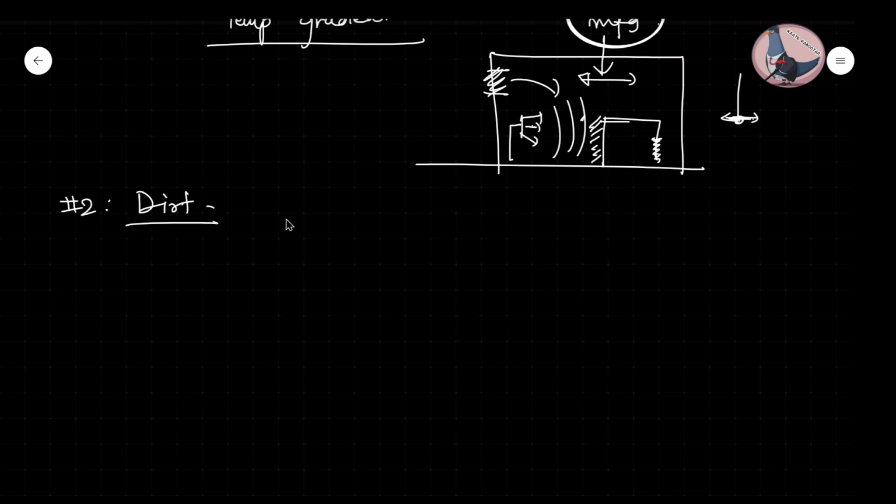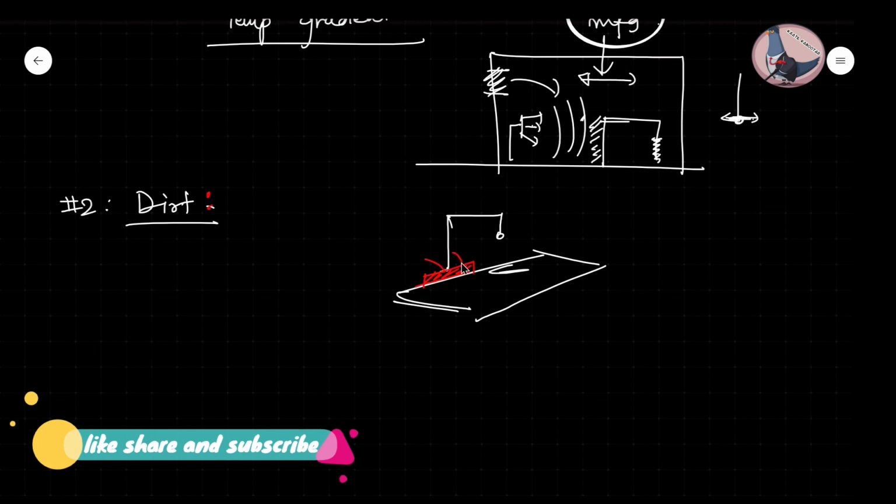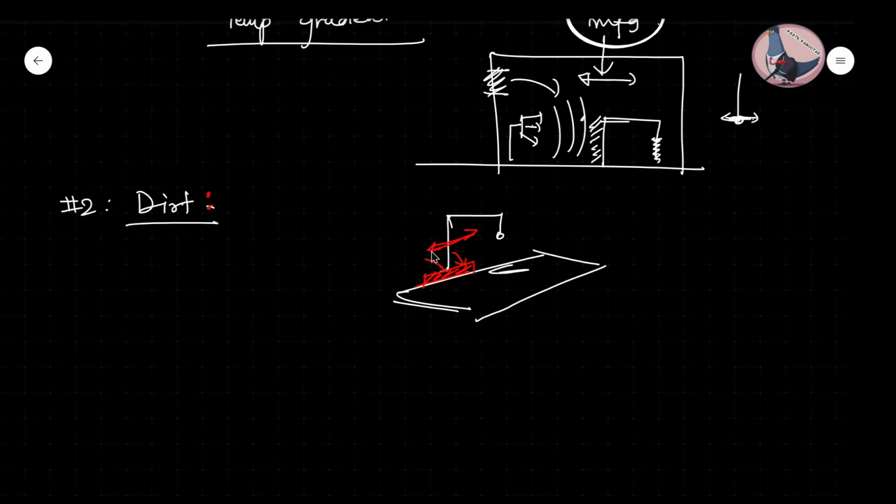Fine. Then similarly, the second one is dirt. Just imagine this is your granite slab on which the jobs are kept, and here is your probing head, and this probing head is moving on some sliders. Now dirt is coming and accumulating on the sliders. So do you think this movement will be smooth? Of course not. If there is vibration along its movement, the probe head will move.